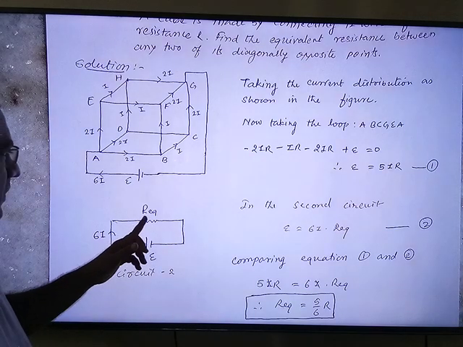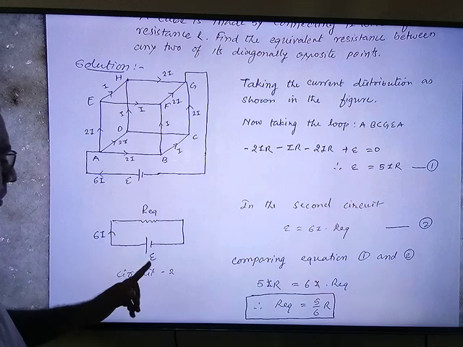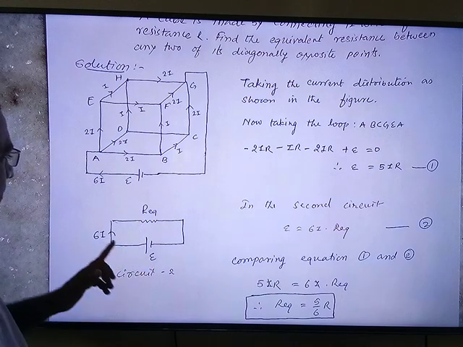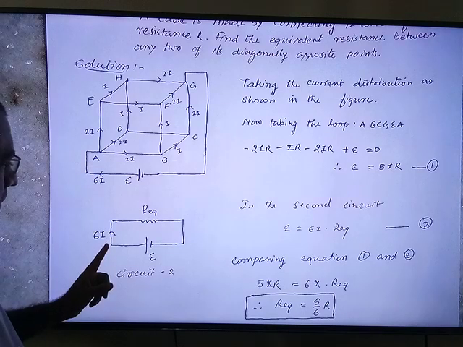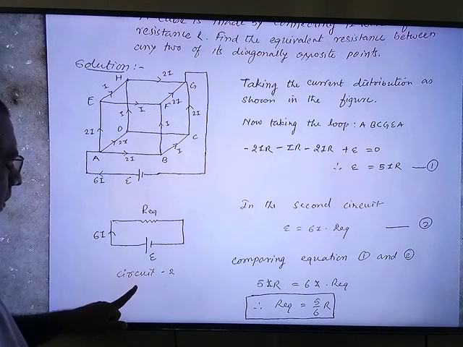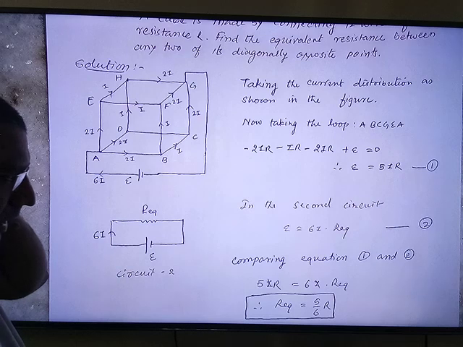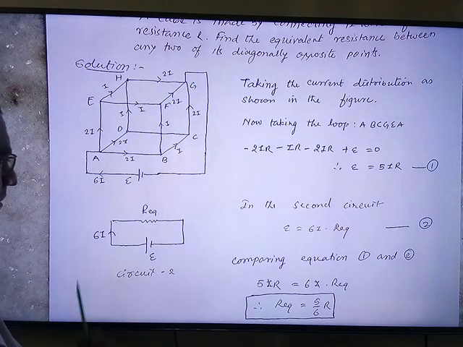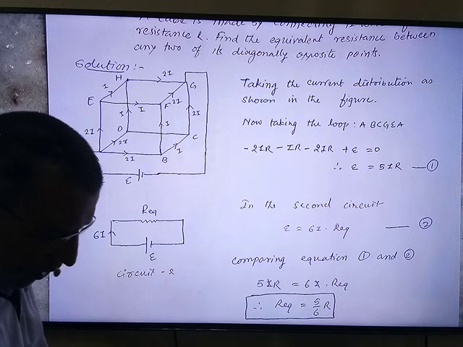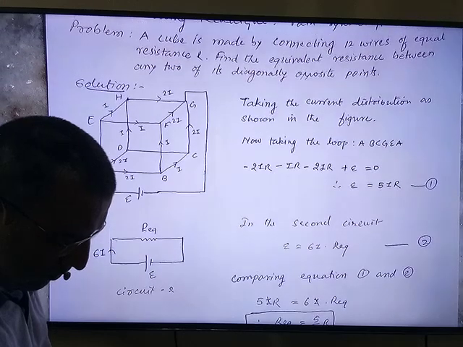And this is the equivalent resistance when the same battery is applied and the same amount of current that flows through this circuit is flowing through the other. So in circuit 2, I have a battery connected to its equivalent resistance and the same amount of current is flowing through. Now this is all about Kirchhoff's first rule.